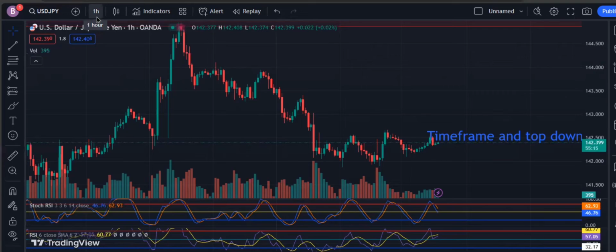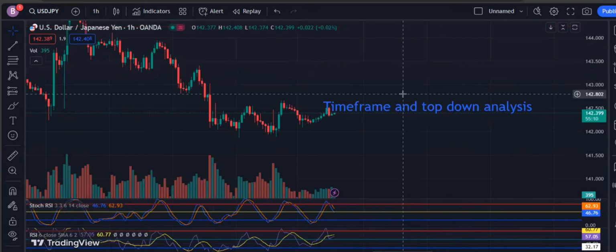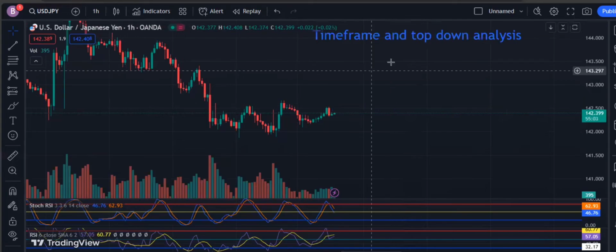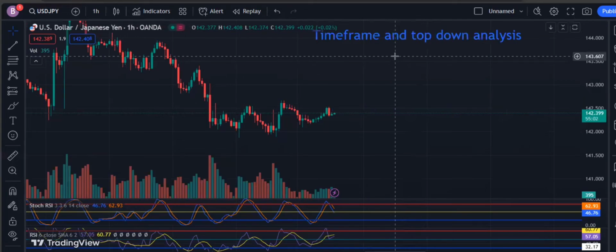So the next reason for learning time frame and top-down analysis is to identify previous candles. This is what we will do after we go over this. We'll understand how we can identify previous candles.